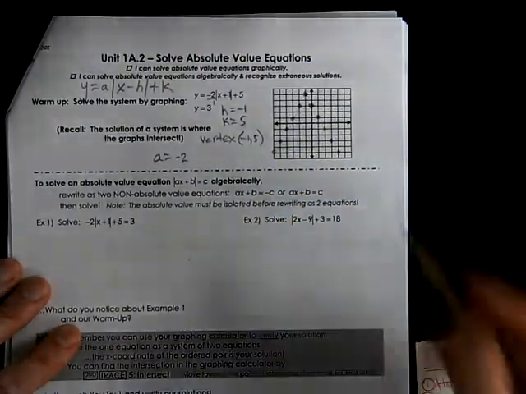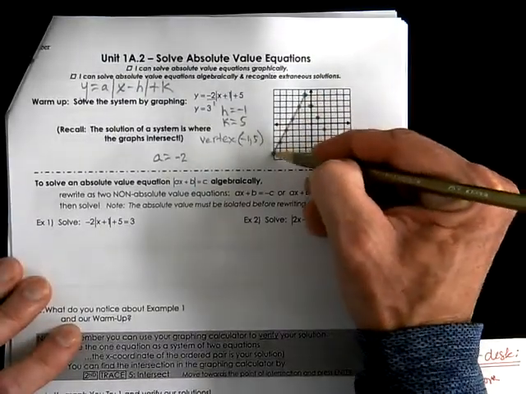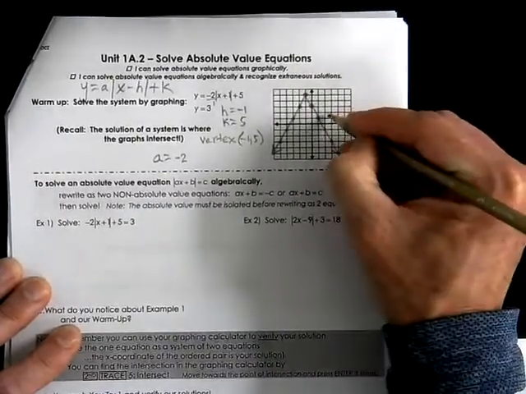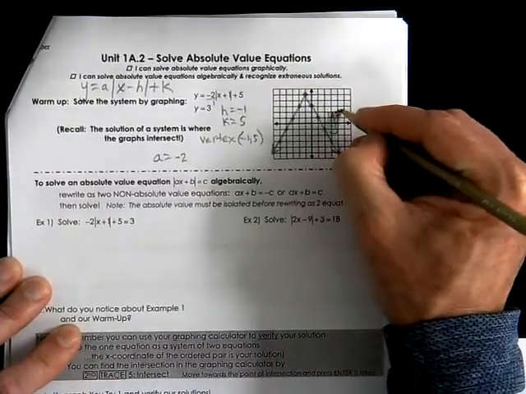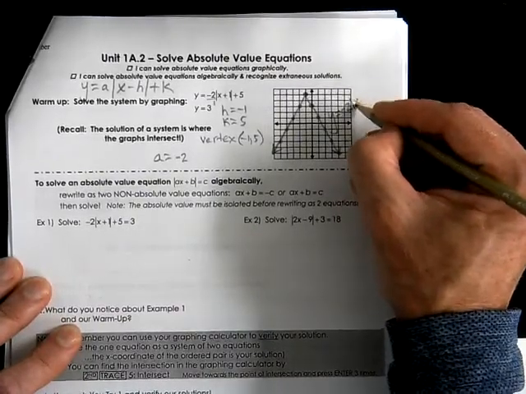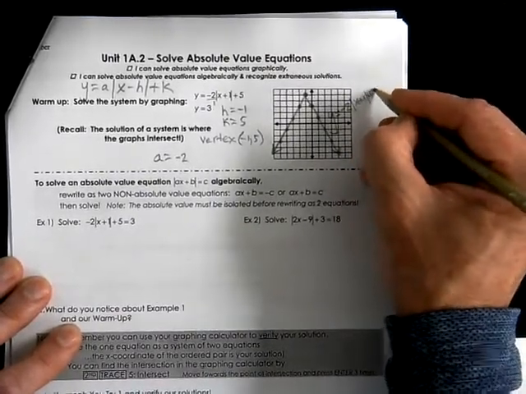And we have our V shape, so connect those dots together. This makes our function, and it's great if you write the equation: -2 times the absolute value of x plus 1, plus 5.